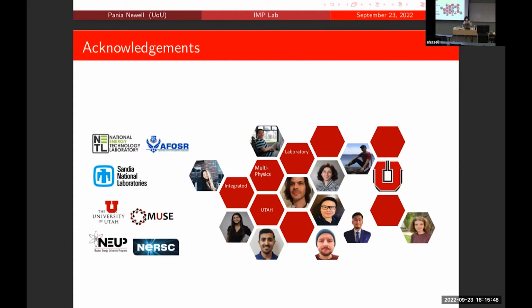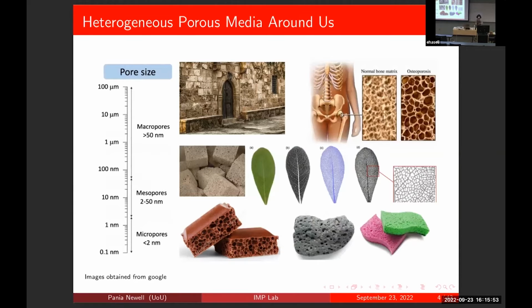at the University of Utah. So what is porous media, and what is heterogeneous porous media? I don't know how many of you like washing dishes by hand. Anybody? Not even one single person? Oh, good. So a sponge is an awesome example of porous media.